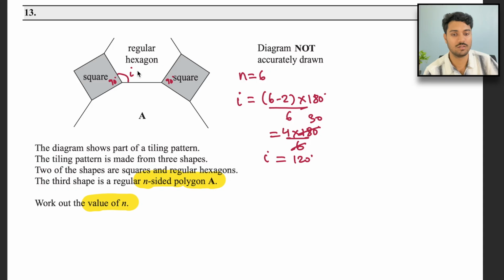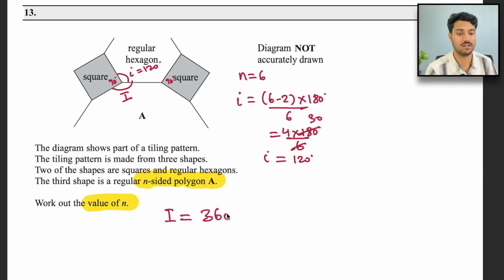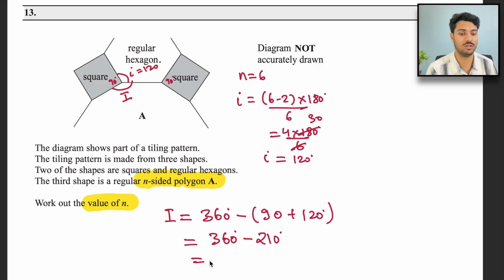So this I is 120 degrees. So let's say I, for the bigger shape, is going to be 360 minus the sum of the 2 other angles. So I is going to be 360 degrees minus 90 plus 120. So that's 210. 360 minus 210 is going to be 150. So this I is going to be 150.